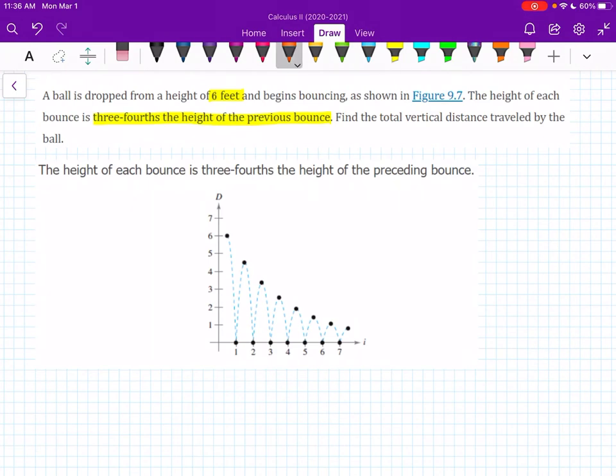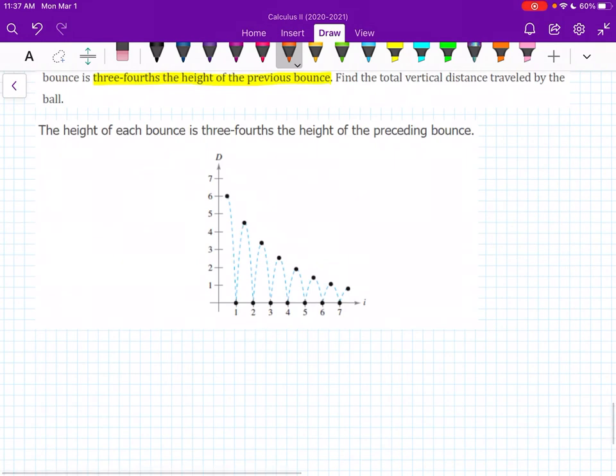All right, so I am going to start with 6, and then it's going to go up and then down, right? So my first term is 6, okay, then my next bounce, I have 6, and then to go up, it's going to be 3/4, and then it has to go down, so 3/4. So that's the next bounce, which is going to be 12 times 3/4.